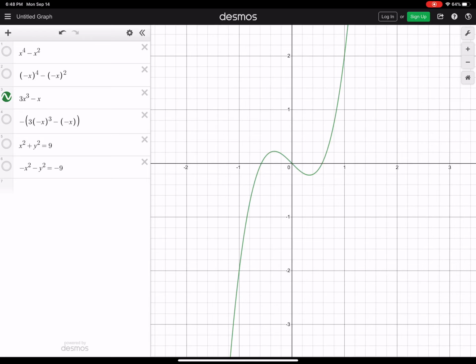It's true because in my next equation, if number 3 is f of x, graph number 4 is going to be negative f of minus x. You can see that for my fourth graph, I've already put negative x in place of x, and I've put a minus sign around the whole thing.